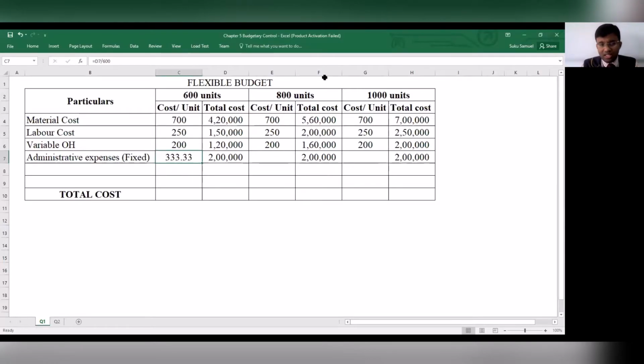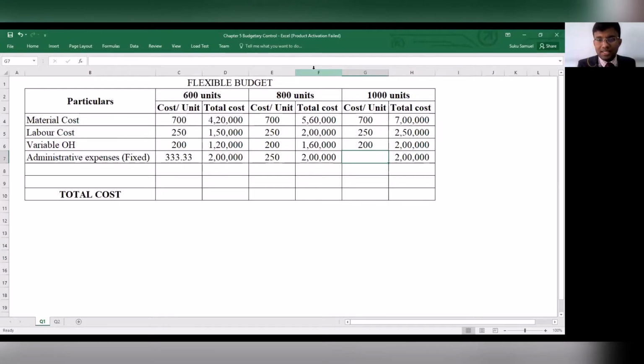Now, let me move on to 800 units. Here, I will calculate cost per unit as 2 lakh divided by 800, which is 250.